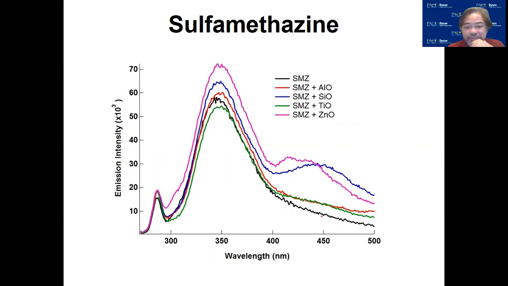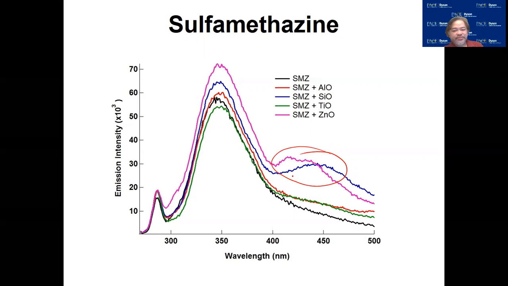Now for the sulfamethazine, this is what we get. Okay, so some increases, some decreases. So similar to the tetracycline, it's possible that some fluorescent material are formed, but the most obvious change that we have here is this additional peak here for zinc oxide and silicon oxide.